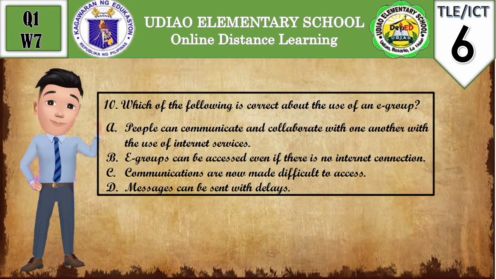Which of the following is correct about the use of an e-group? A. People can communicate and collaborate with one another with the use of internet services. B. E-groups can be accessed even if there is no internet connection. C. Communications are now made difficult to access. Letter D. Messages can be sent with delays.